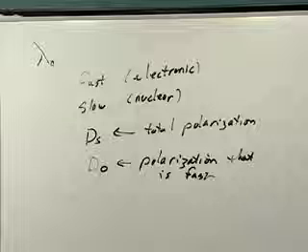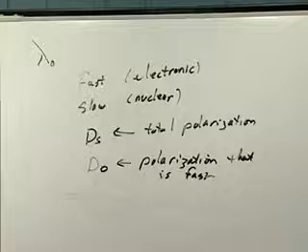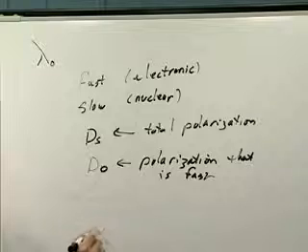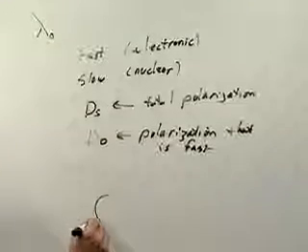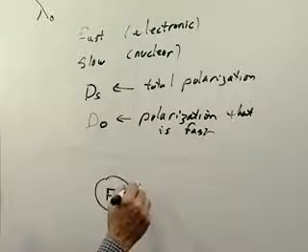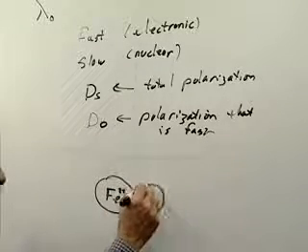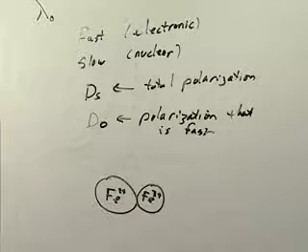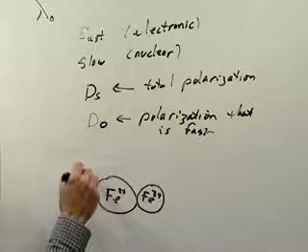Okay. Now, we can ask what the properties are. I'm going to try to get the feeling of what the properties are. Here we'll think of our two ions. Here's our iron 2 plus, and here's our iron 3 plus. And what we're talking about is we've polarized the solvent around here.